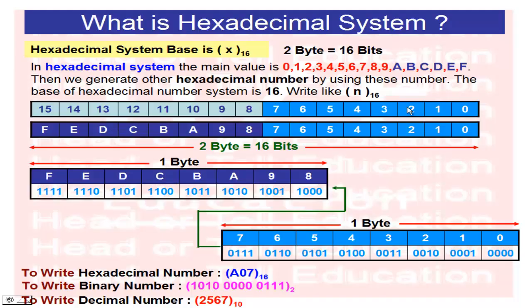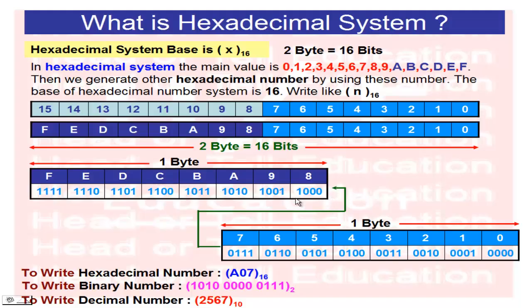Now for each value, we have to write all the binary numbers. If we use 0, the binary number is 0000. Then 1 is 0001, 2 is 0010, 3 is 0011, 4 is 0100, 5 is 0101, 6 is 0110, 7 is 0111.